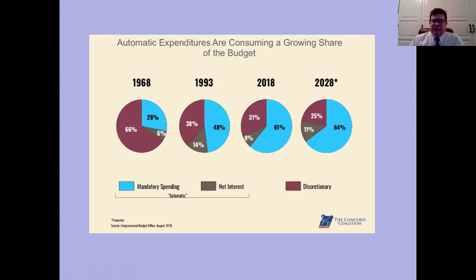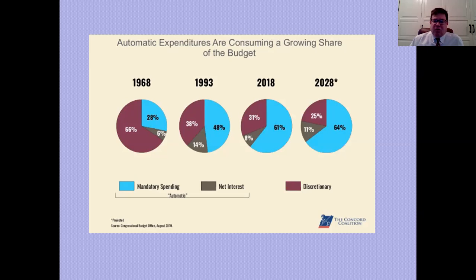By the time we get to 1993, they account for a little bit less than half. And around current times, as we saw, they're in the 60s and will probably remain there, growing a little bit in the future. But what that means is that Congress has much less leeway to balance the budget by cutting non-mandatory programs, which went from 66% in 1968 down to about a quarter of the budget when we look forward to 2028.